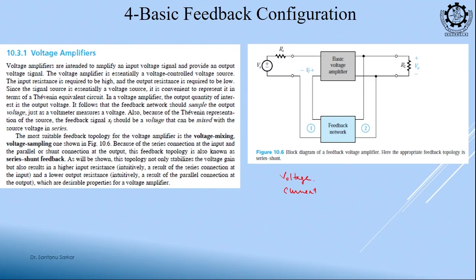In this voltage amplifier, what is my input side, voltage or current? Voltage. What is my output side? Voltage. So in the voltage amplifier, my input side is voltage and the output side is also voltage. Now, what do I want to do? I want to take a portion of this output voltage.